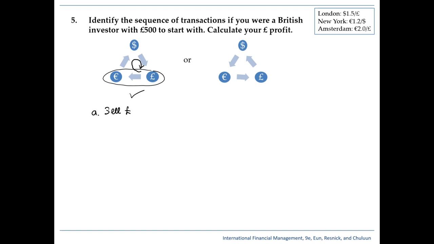First thing you're going to do is you're going to sell your pounds and you're going to buy euros, and that is going to be in Amsterdam. And so you take your £500 and you're going to convert them into euros at the rate of 2 euros per pound, and you will get 1,000 euros.